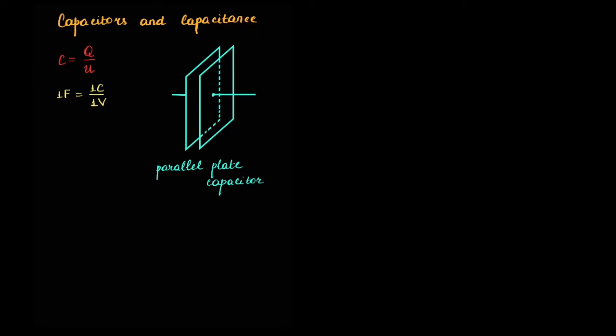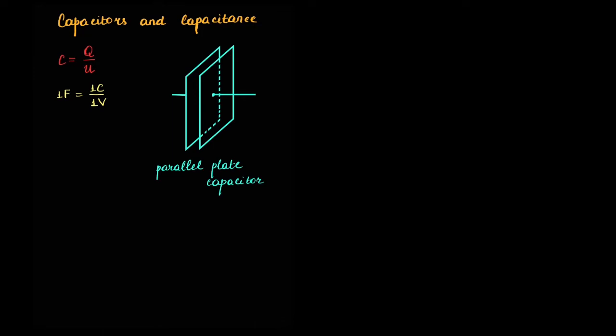Even though in the formula we have Q, the charge on the capacitor, and the voltage across its plates, the capacitance doesn't depend on these quantities. For example, if we change the voltage across its plates, the charge on the capacitor also changes respectively.